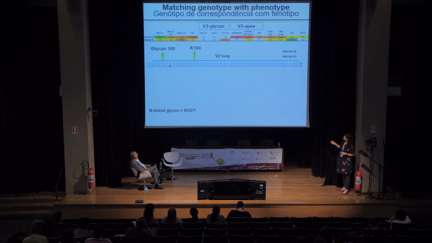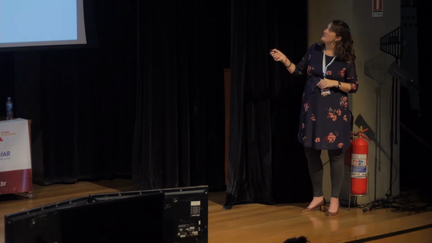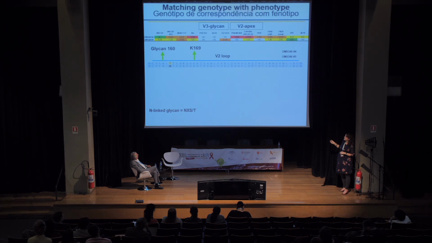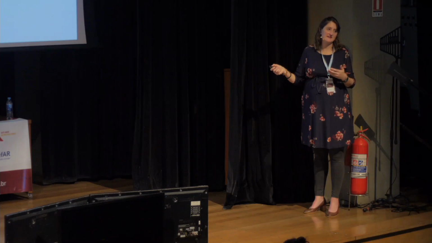What you can also see that's sort of interesting is this antibody is really specific for subtype C, for some reason, really neutralizes these viruses. It's very rare in the panel that we were looking at. And this virus 4 is super sensitive to neutralization. Virus 5 is a little less sensitive to neutralization. And then what you can see going into the literature is that there's this lysine 169 that's very important for neutralization by this antibody.